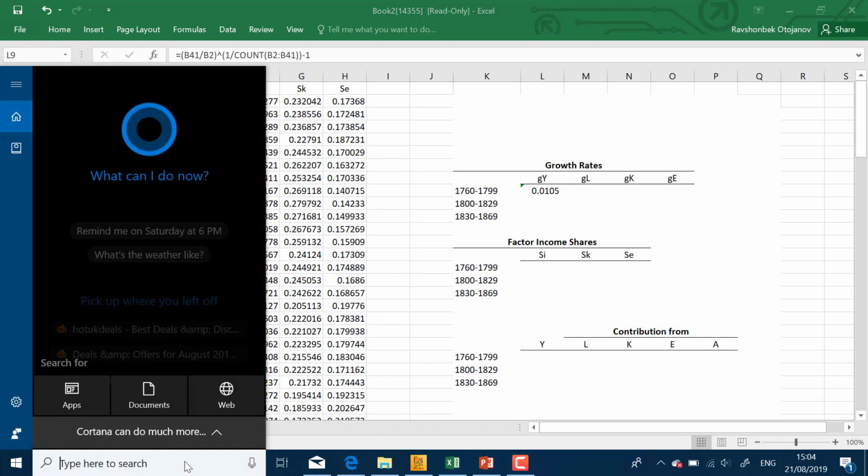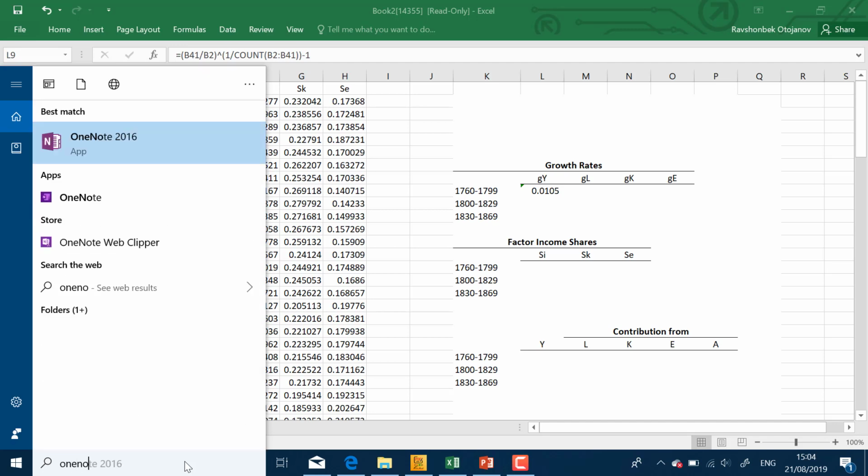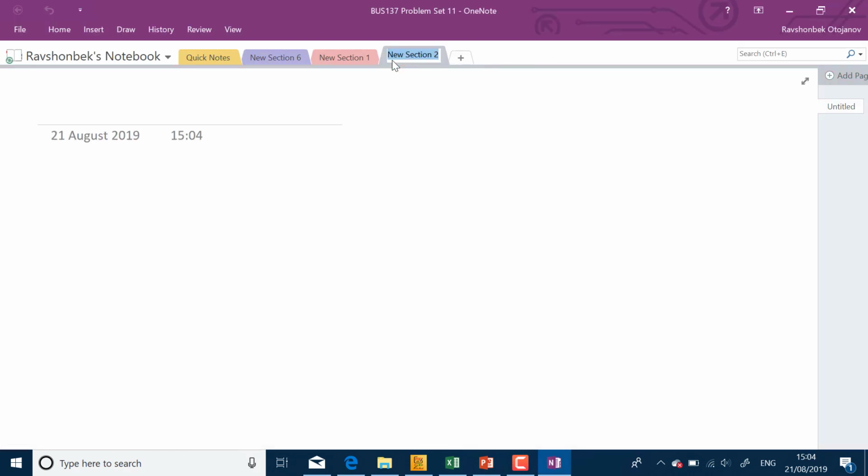Now let me show you quickly how the formula looks in writing. It's a OneNote that I use to jot down my functions and formulas. Right, so here it is.